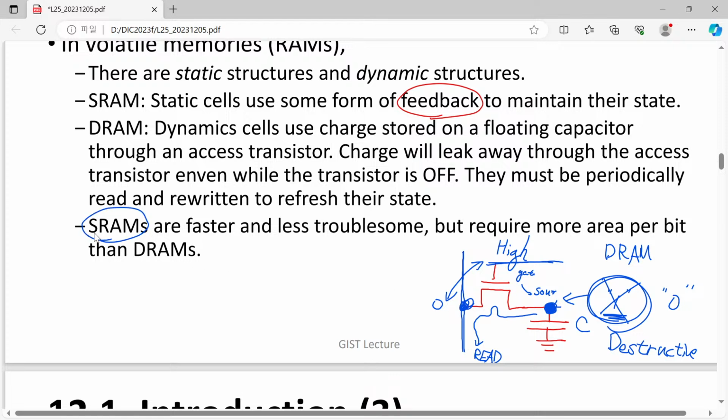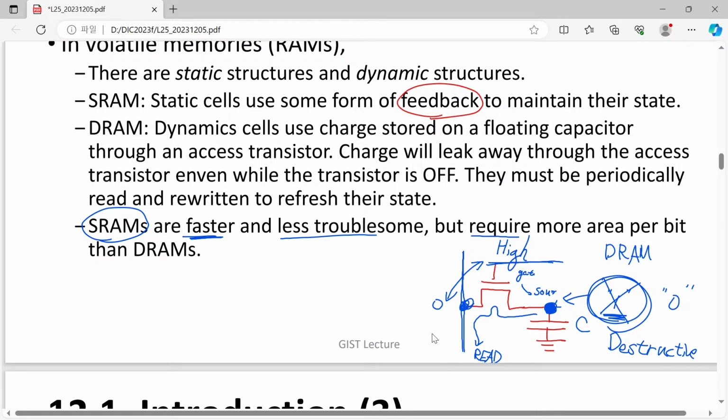SRAM are faster and less troublesome. Less troublesome means that in the case of DRAM we have such a problem, so we must provide refreshing, but obviously SRAM requires more area per bit than DRAM.